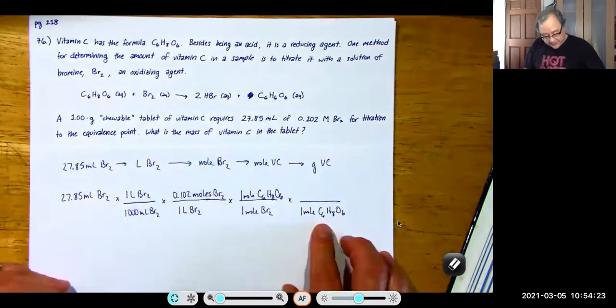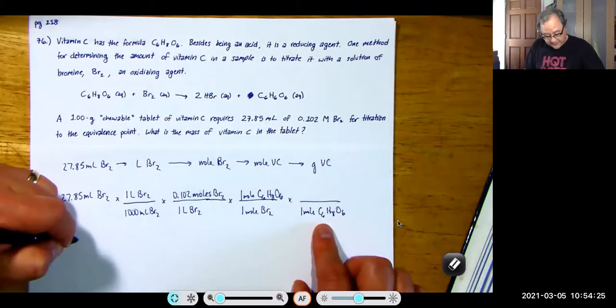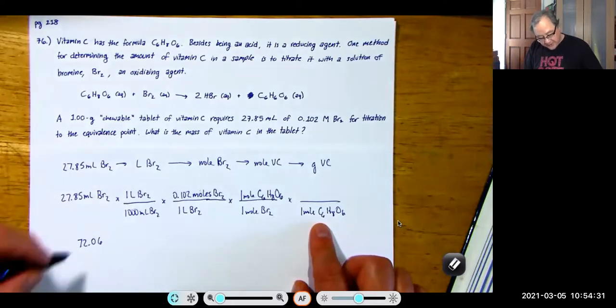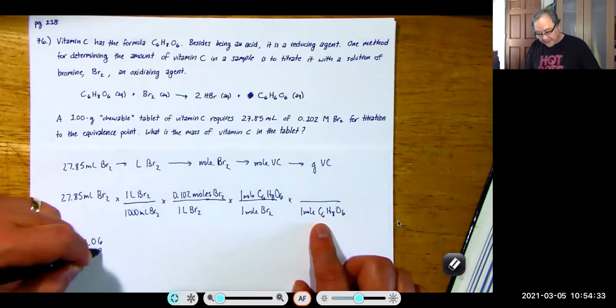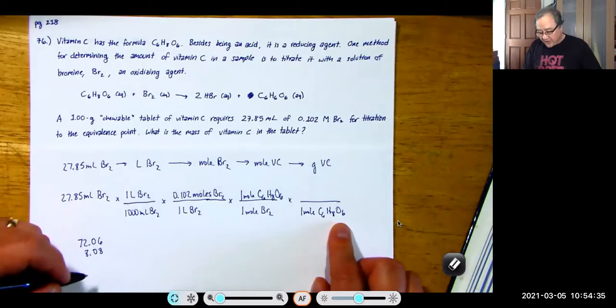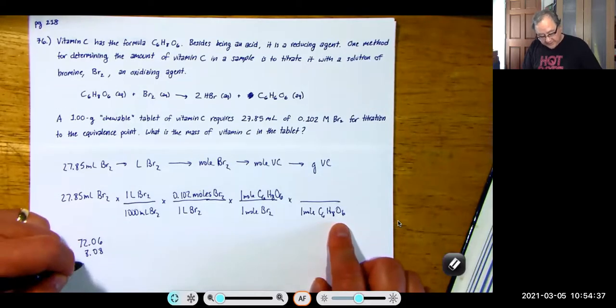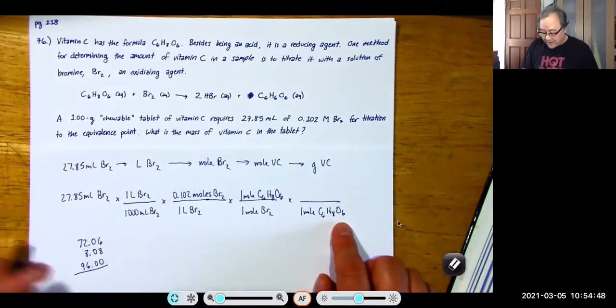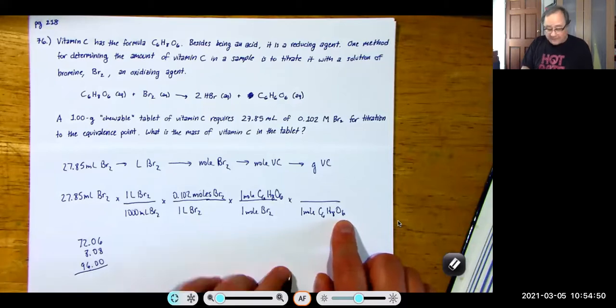Six carbons, 6 times 12 is going to be 72.06. So that's 6 carbons, 8 hydrogens, and 6 oxygens. The way I'm doing the 6 oxygens is that 2 oxygens weighs 32, and I have 3 of them when I have 6.